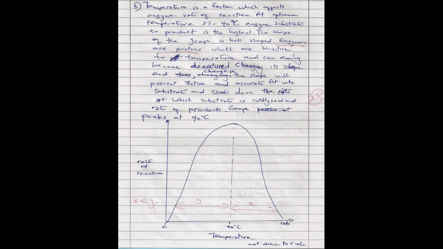So she mentioned the optimum temperature, and she said between 37 to 40 degrees. Yes, normally for the enzymes in the human body, around 40 degrees is the optimum temperature. All right, so she correctly said that. Now she made a little mistake here, and I think this is just due to the stress of the exams.